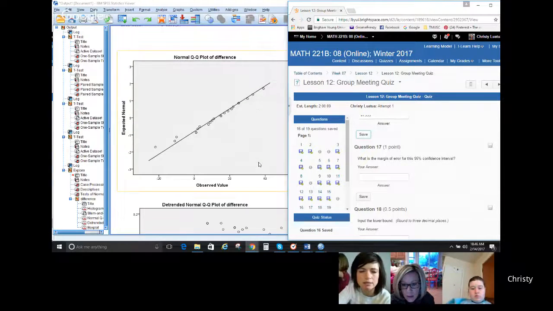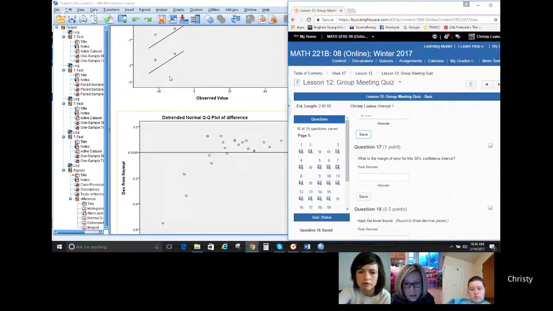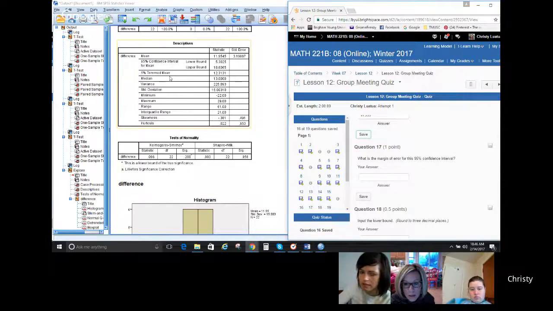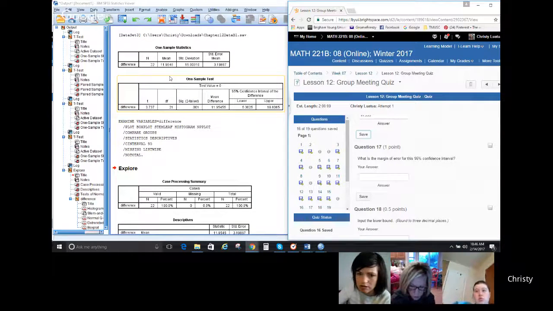I don't see it here. You can run one though. Mine is right above here. Yeah, the t is 3.737, times the standard deviation, which is 15.003, divided by the square root of 22.